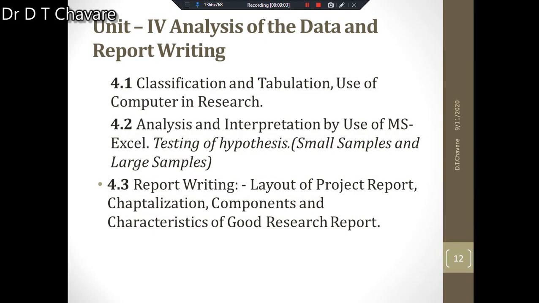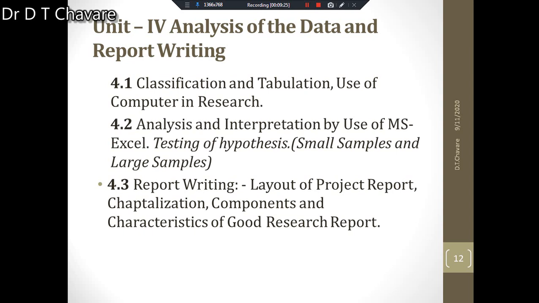Then unit number 4 is also there, entitled analysis of data and report writing. Analysis and report writing, these two different aspects are there. In this unit, classification and tabulation, use of computer in research, these points you have to study.